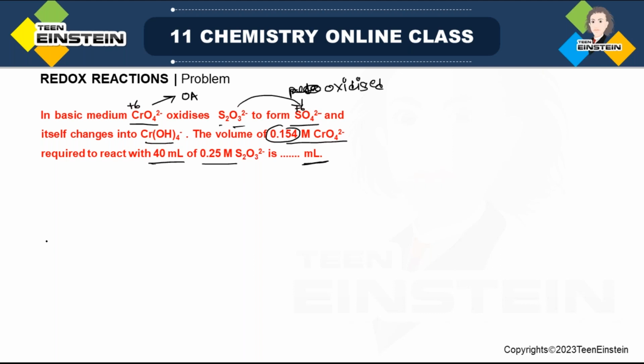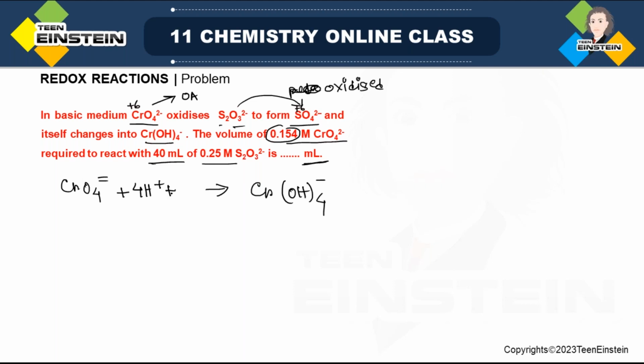Fine. So I will write the equation here. CrO4 2- is converted to Cr(OH)4-, just one negative charge. Now it is occurring in the alkaline medium. Next, the number of oxygen is the same on both sides, but the number of hydrogen is not the same. So that is why I am writing here 4H+.